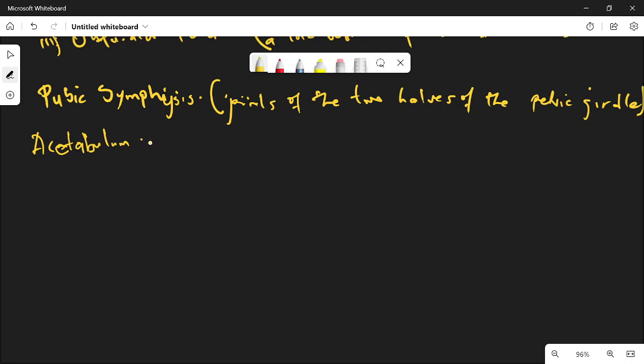Acetabulum, a hole in which the head of the femur fits into.